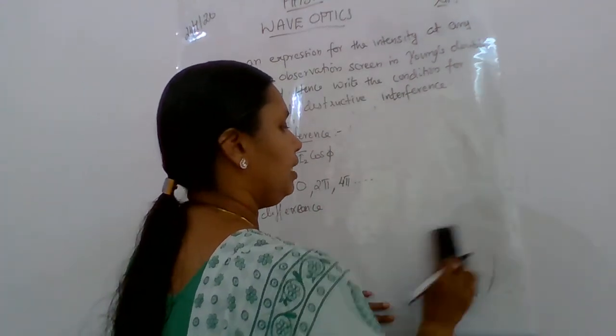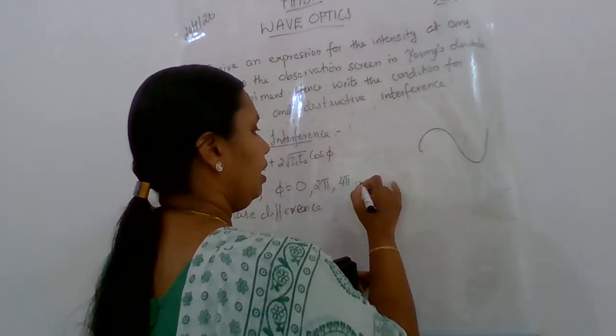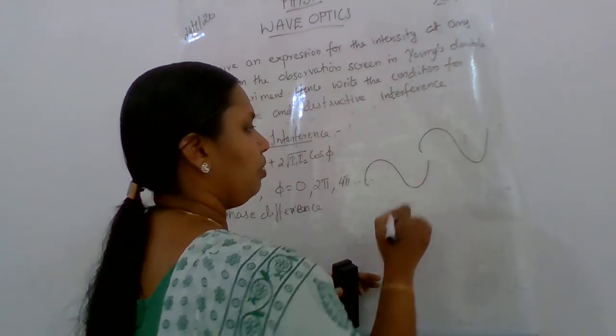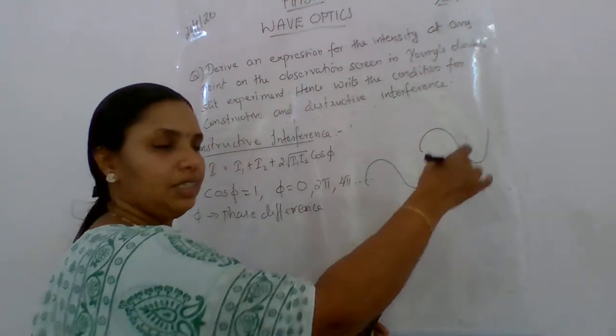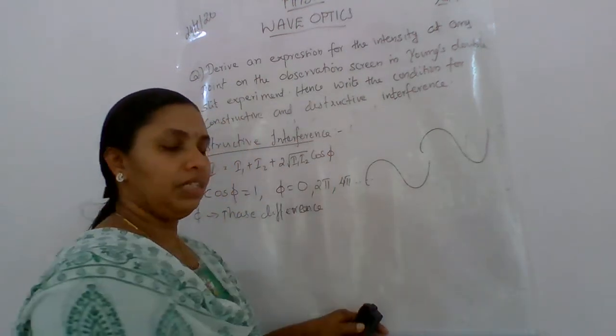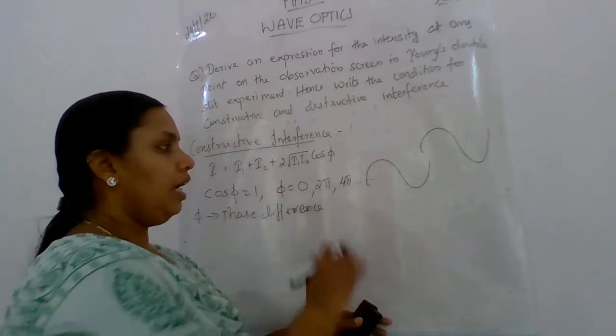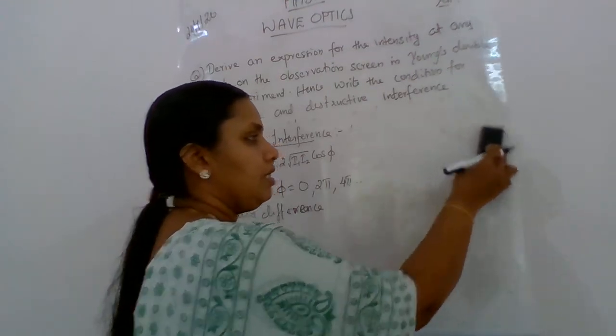Phase difference 2 pi means what? This is the first wave, it's propagating, then after a full cycle the next wave is coming, so it is a continuous one. How will they add? They will also add constructively and superpose to give a resultant wave of maximum intensity.